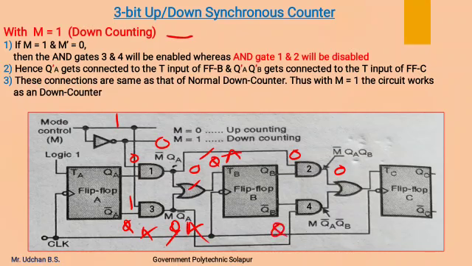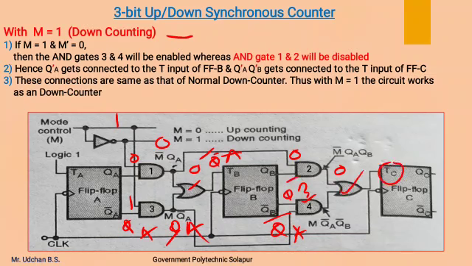and this QA complement is given as input to this AND gate 4, and QB complement is there. So QA complement gets connected to this TC through this OR gate.